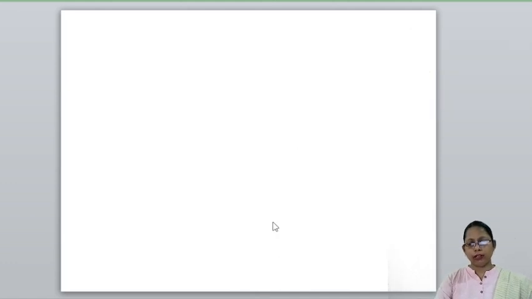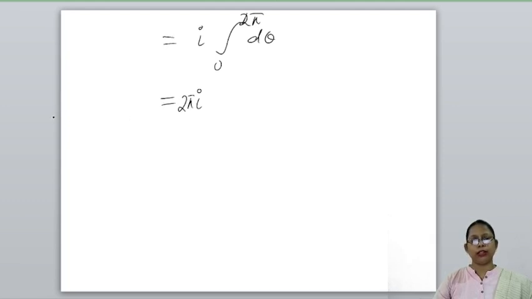So i comes outside, and this is the integral from 0 to 2 pi of d theta, which is i times 2 pi. So the integral over gamma of dz by (z minus z naught) is equal to 2 pi i.